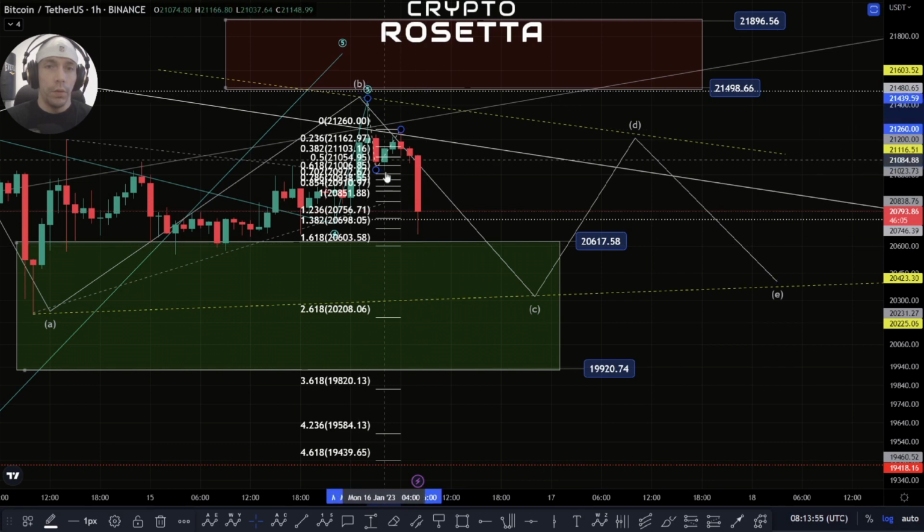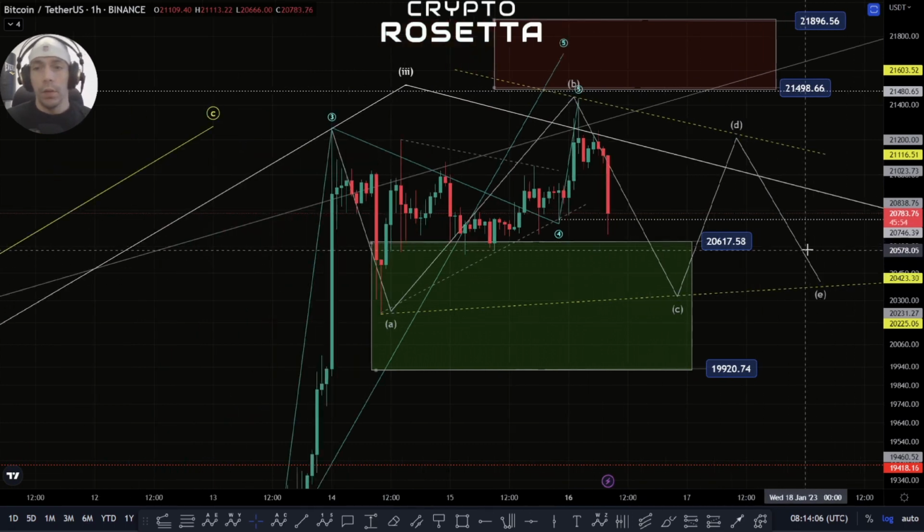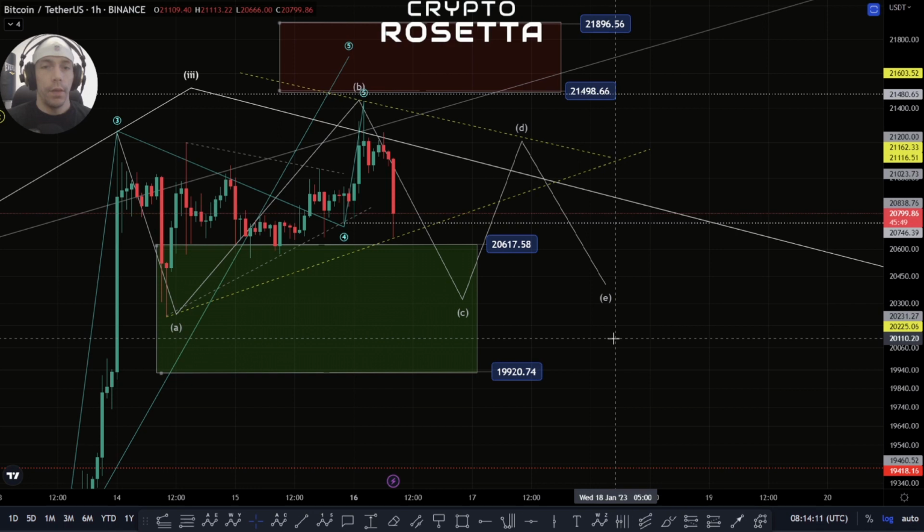So it is possible that this could actually just reverse here and push back to the upside, in which case we'd have to look at the potential that this triangle could also be slightly smaller, if that is the case.